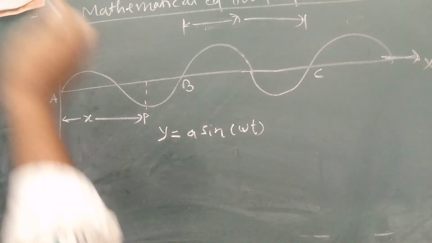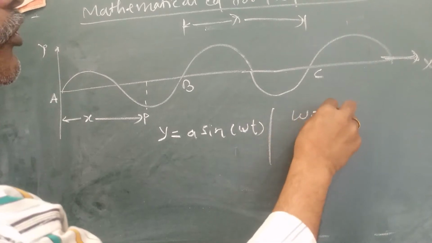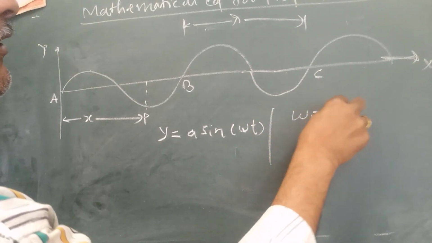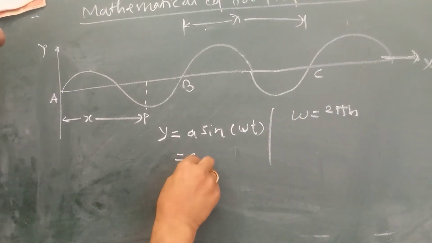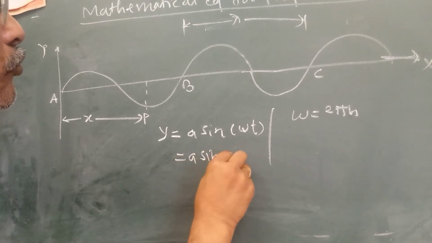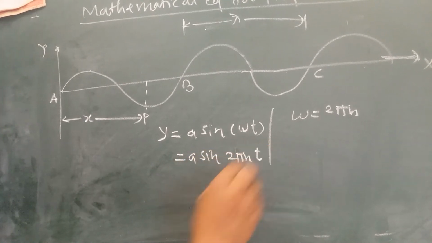Considering omega equals 2 pi n, I can write a sine 2 pi n t.